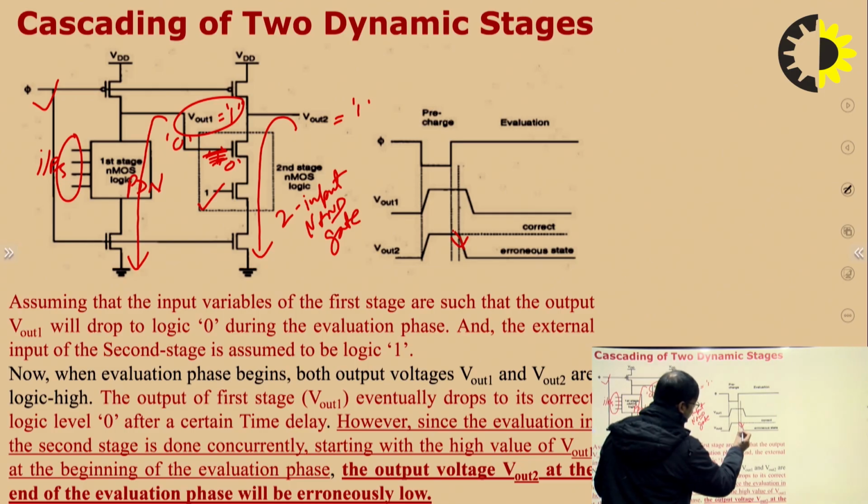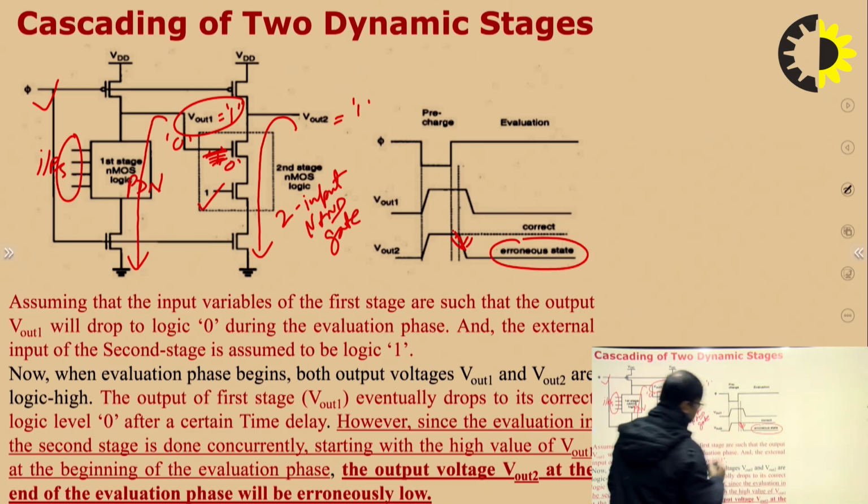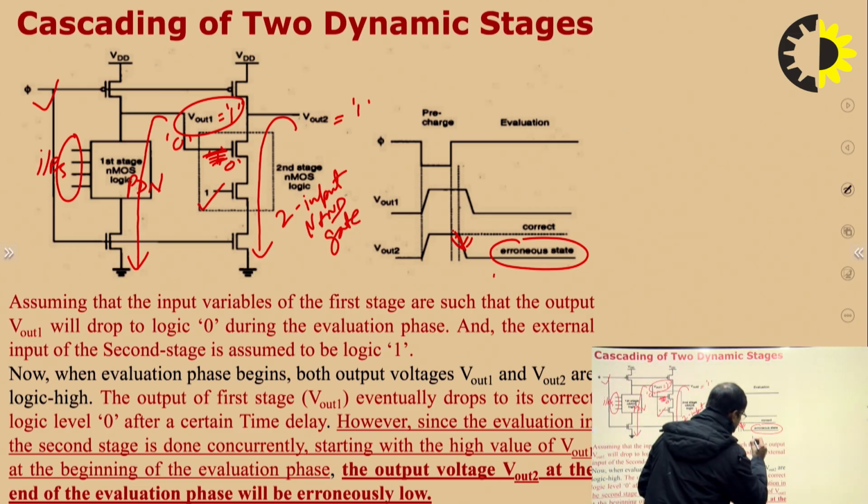your Vout2 falls down to a logic value which may be undefined in nature, because it is discharging, and in that particular time how much it gets discharged we don't know. So this is known as an erroneous state.